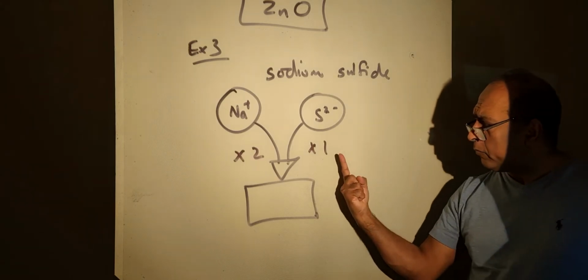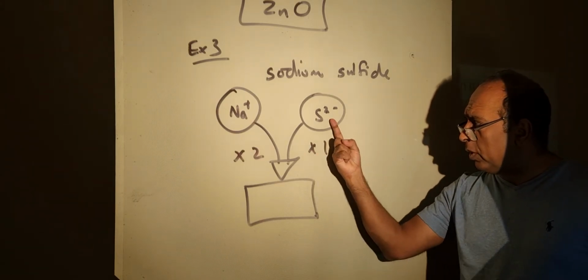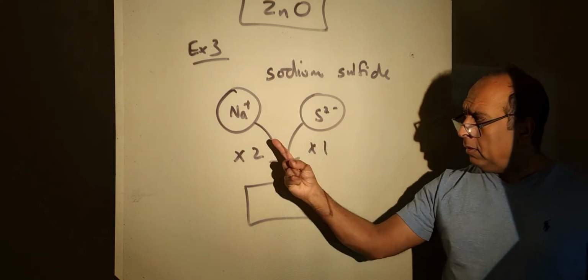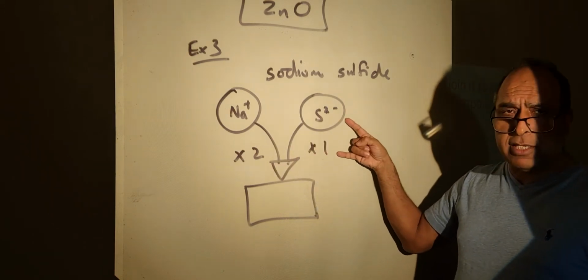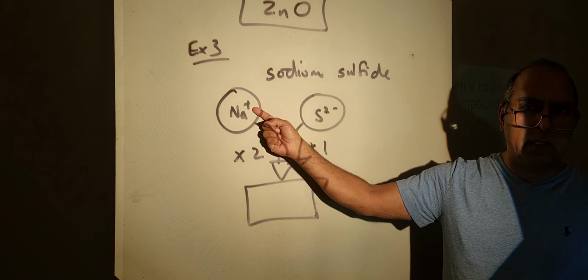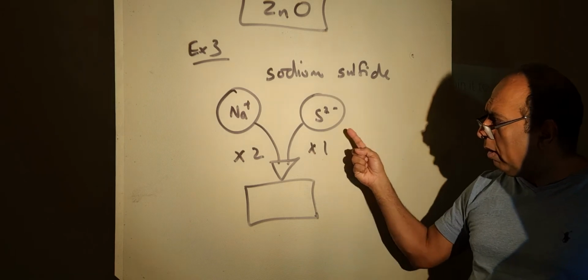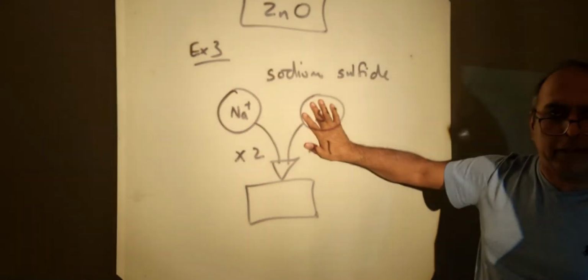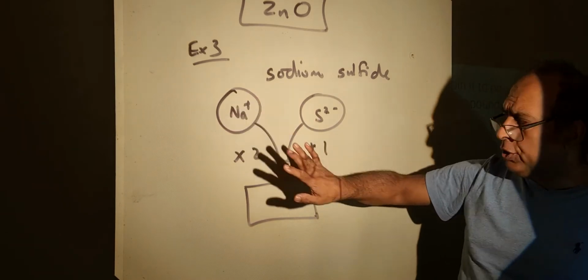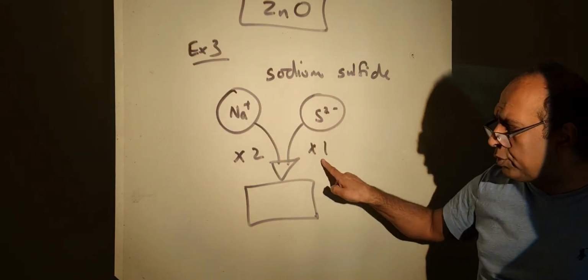Can you see? Each one of those is two negative. To balance the 2 negative, I need 2 lots of single positive. That would balance that if it was 2:1.